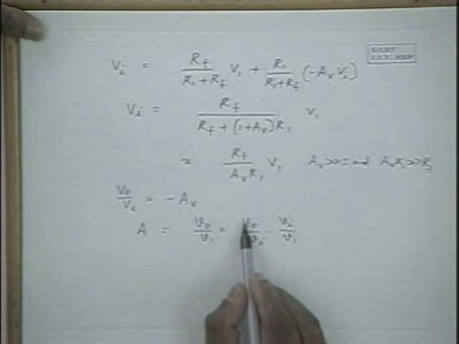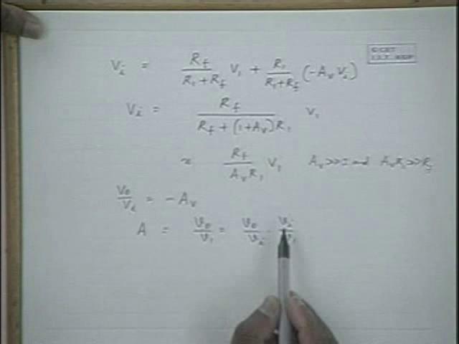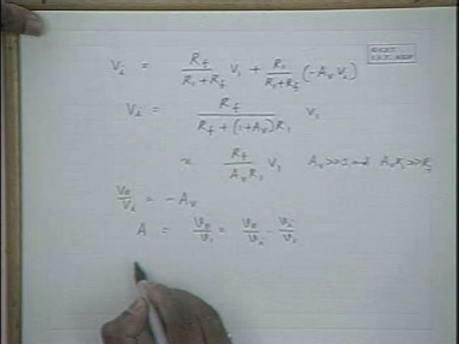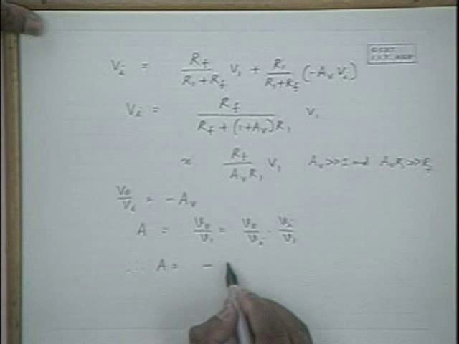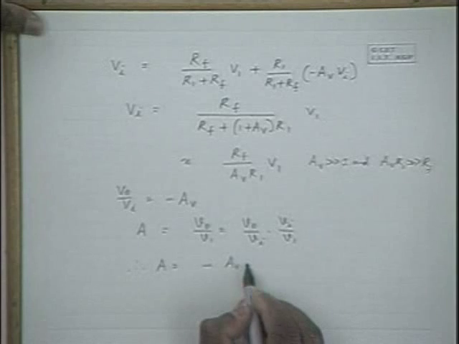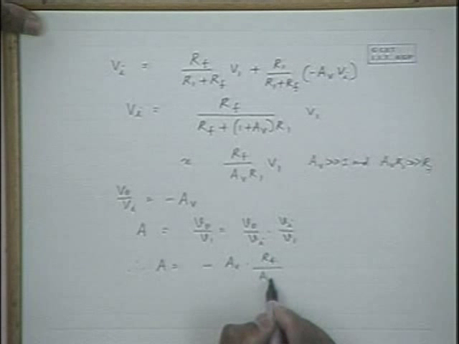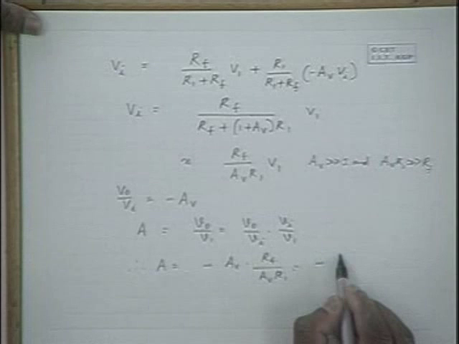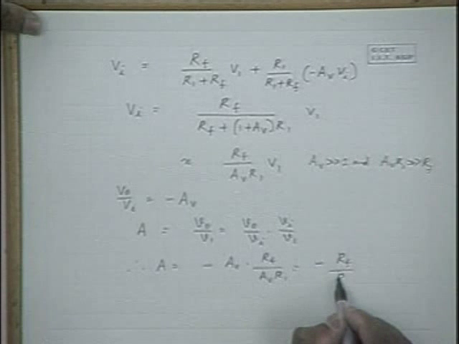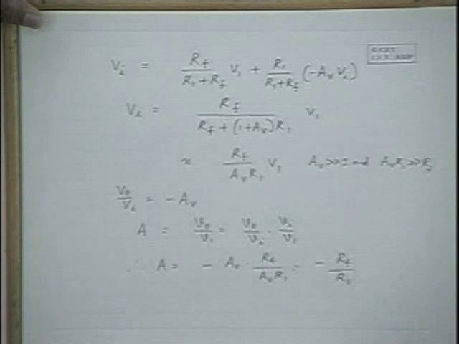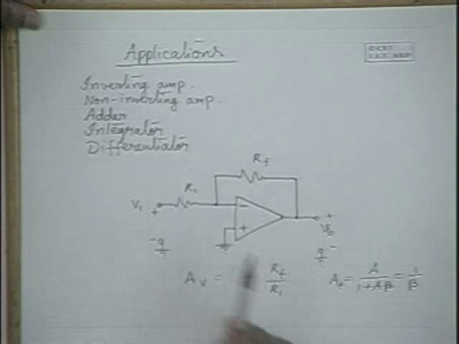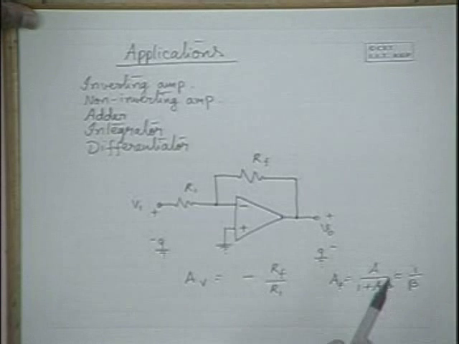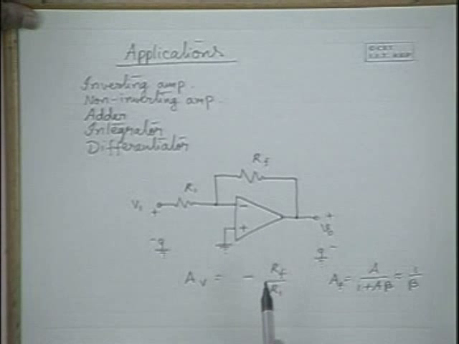Substituting V0 by Vi is minus AV itself and Vi by V1 is given here, hence A is equal to minus AV into RF by AV R1, and that's equal to minus RF by R1 itself. Hence, the gain of the feedback amplifier is equivalent to minus RF by R1. It's very simple. Please note that this is an approximate expression.